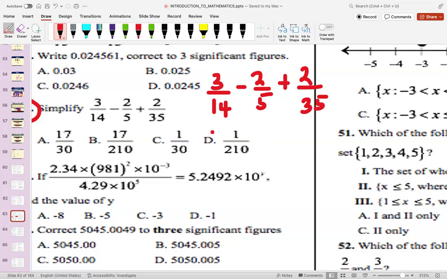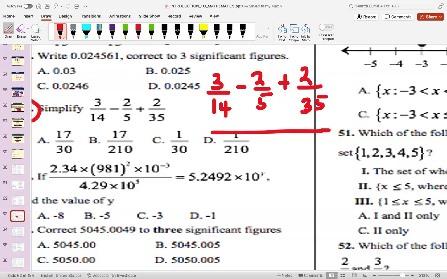So LCM, something common to all of them, is what we need. So if you look at 14, if you look at 5, if you look at 35, you ask yourself what number can be common to them. There's no number coming into mind immediately.